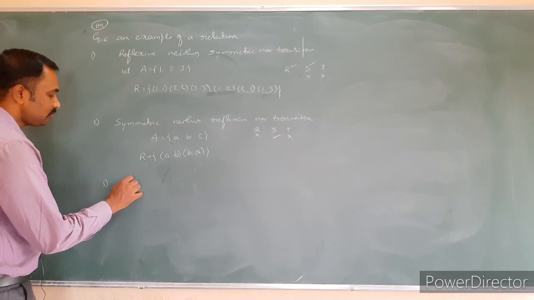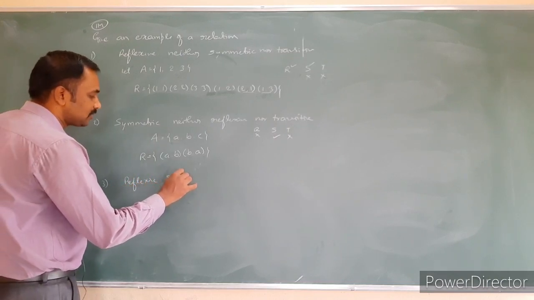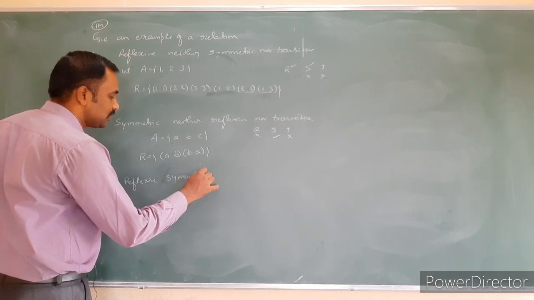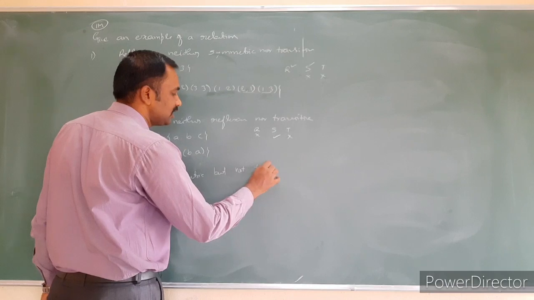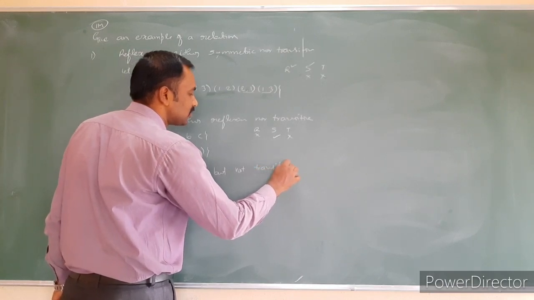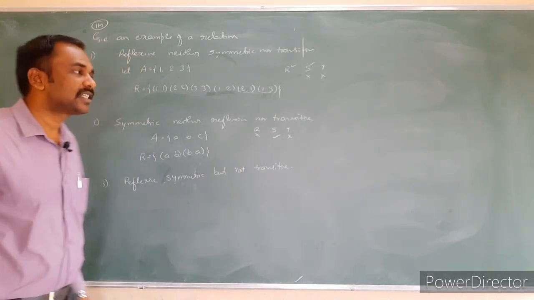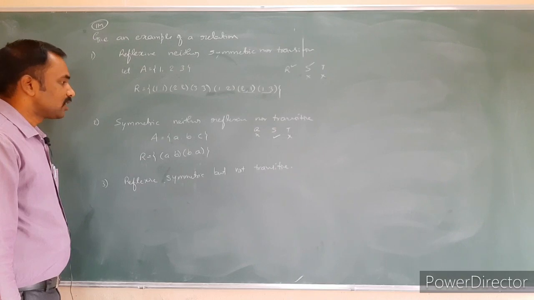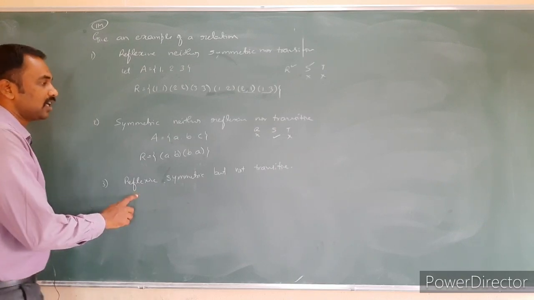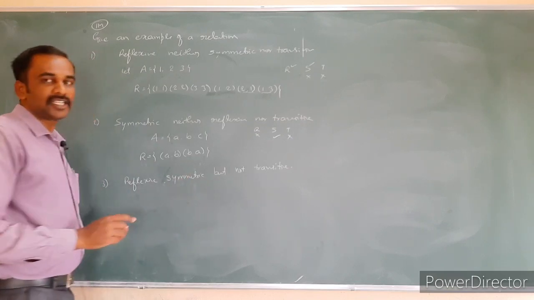Next one: reflexive and symmetric, but not transitive. I need to write the relation which satisfies reflexive and symmetric, but not transitive.